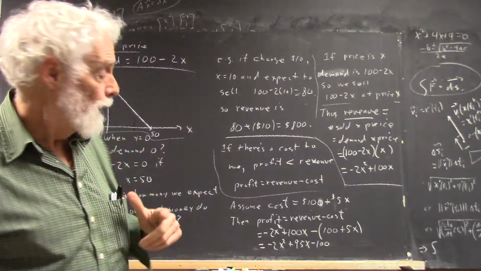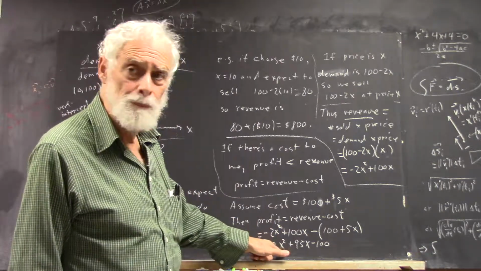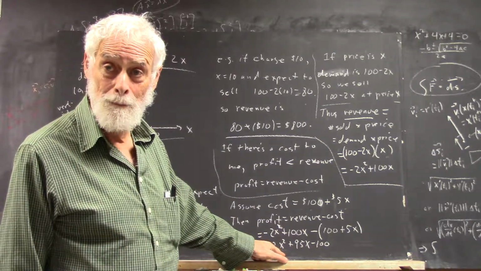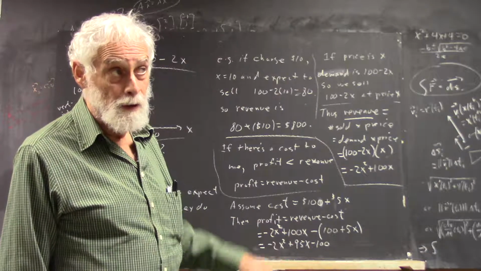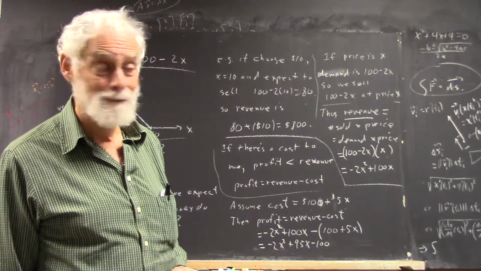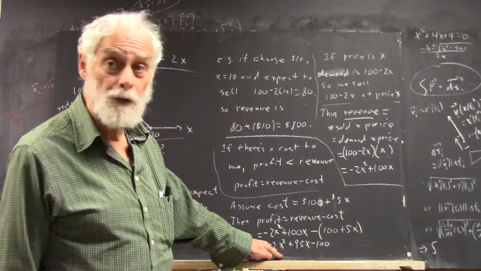It's a little simpler than that. You're graphing profit versus your price, right? So you graph profit versus price. What goes on the vertical axis? Well, you know it's not going to be x, don't you?